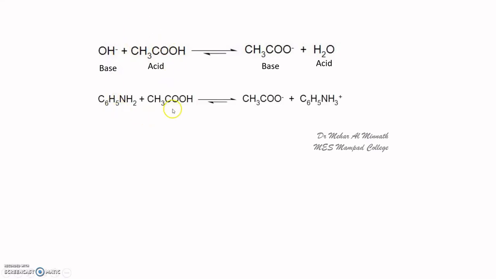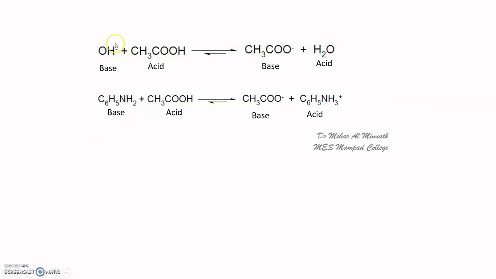Now here you have aniline and acetic acid. It gives an acetate ion and anilinium ion, C6H5NH3 plus. Now what's happening here? Sodium hydroxide, which gives off OH minus ion, and aniline, in the presence of acetic acid, what's happening?